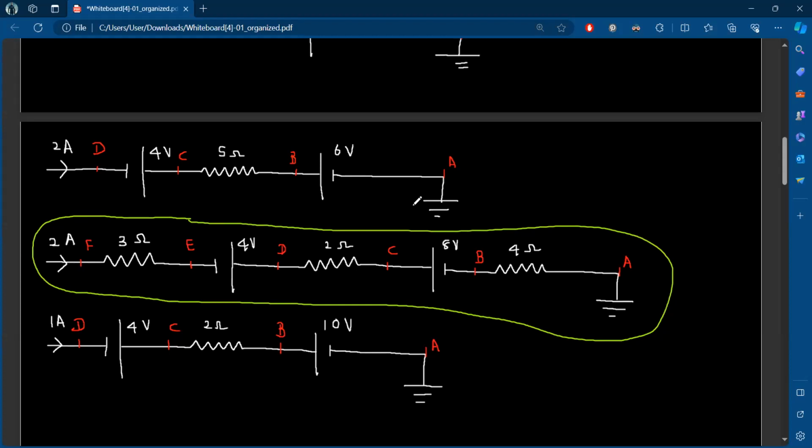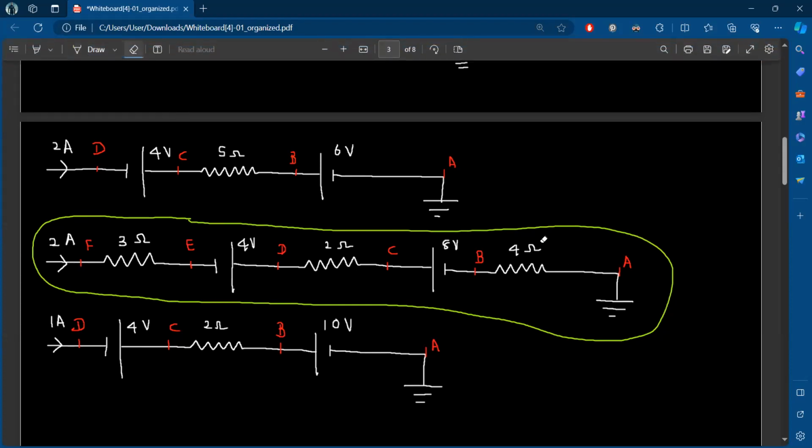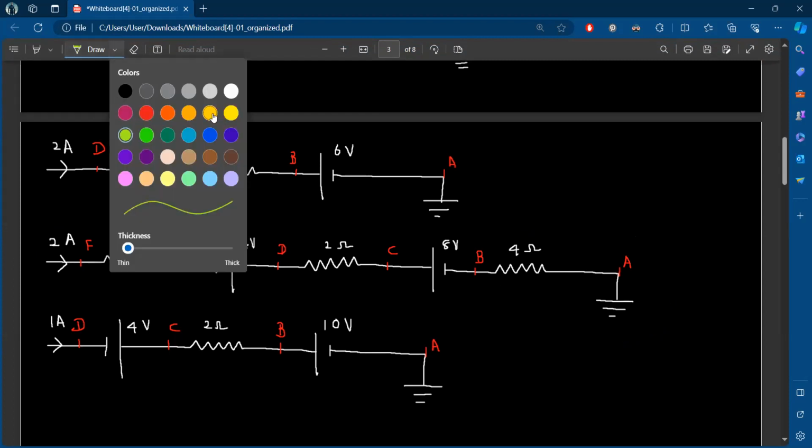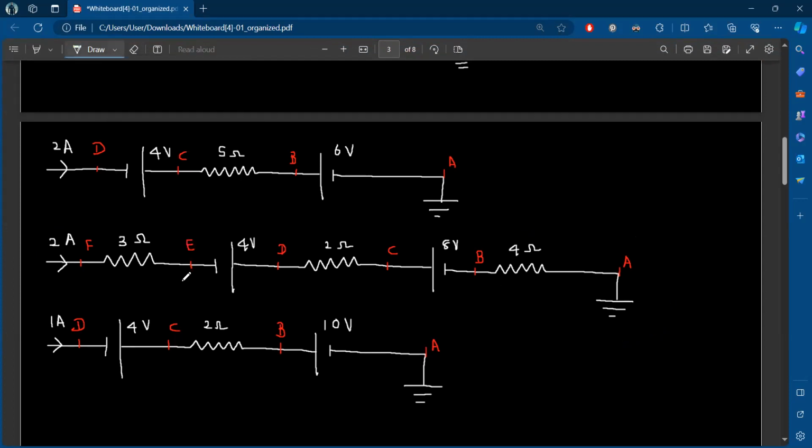Okay. Wait. First, we have to mark the current across the circuit: 2 amps, 2 amps, 2 amps, 2 amps, and 2 amps. Am I correct?